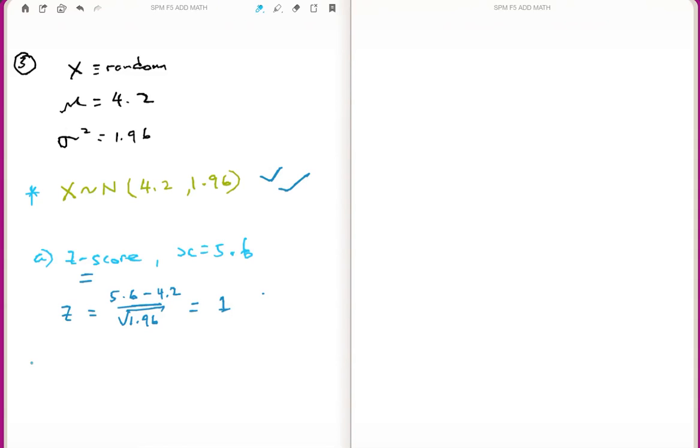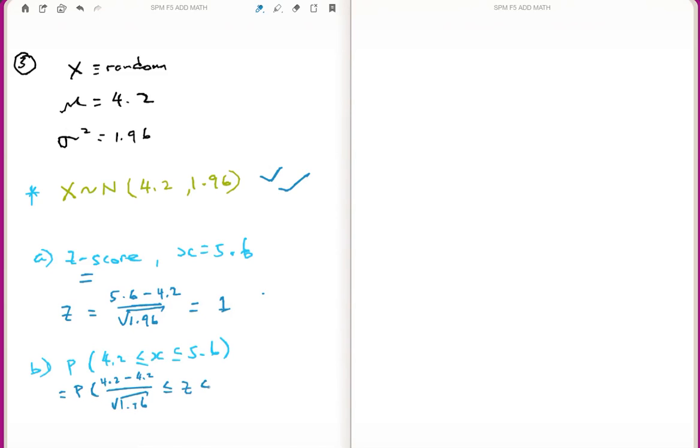B. Find out, it's straightforward, P of 4.2 less than or equal to x less than 5.6. In order to do it, first of all, you need to convert this x into z-score. So P is, convert them, x 4.2 subtract mean over square root of 1.96.